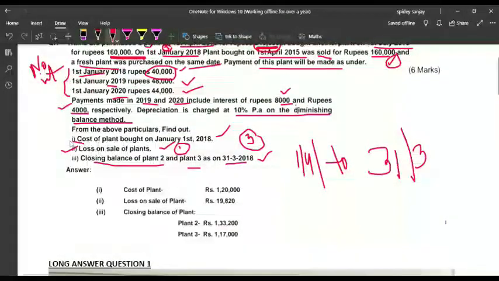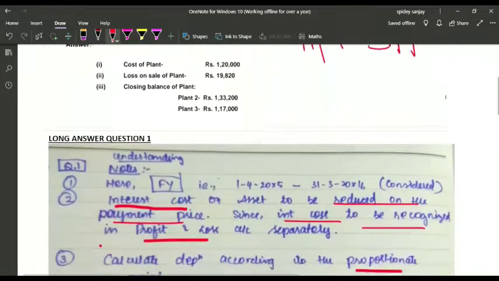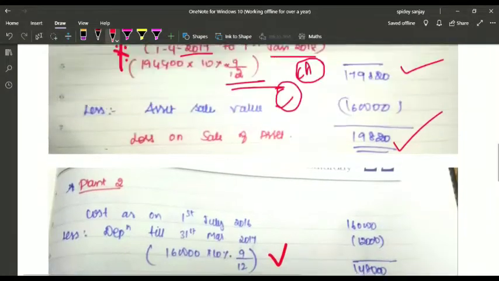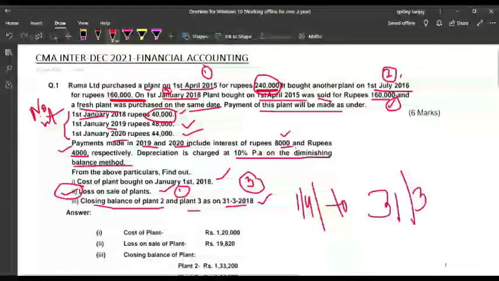So first we have computed the loss, and the second thing is to compute the closing balance of plant 2 and plant 3. Proceeding to plant 2, which was purchased on 1st July 2016 at a value of 1,60,000. We take 1,60,000 and depreciate till March.